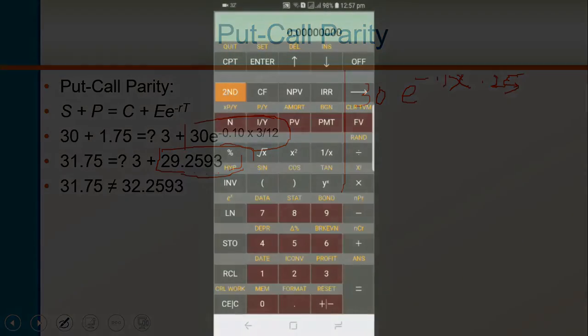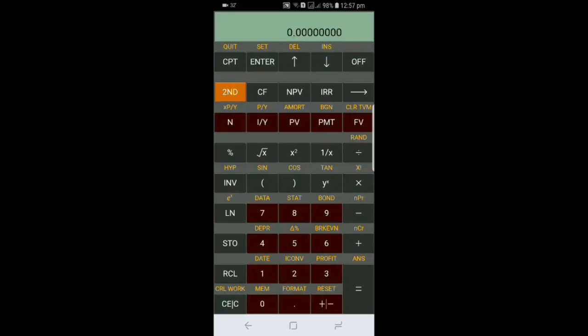So e raised to the power of minus 0.1 times 0.25 is computed as follows: I press 0.1, multiply by 0.25, and press equals. The display says 0.025, but I want a negative number, so I press the plus-minus button. Then because I want to raise e to this power, I press the second function and then the button on which ln is written, and the display changes to 0.9753.